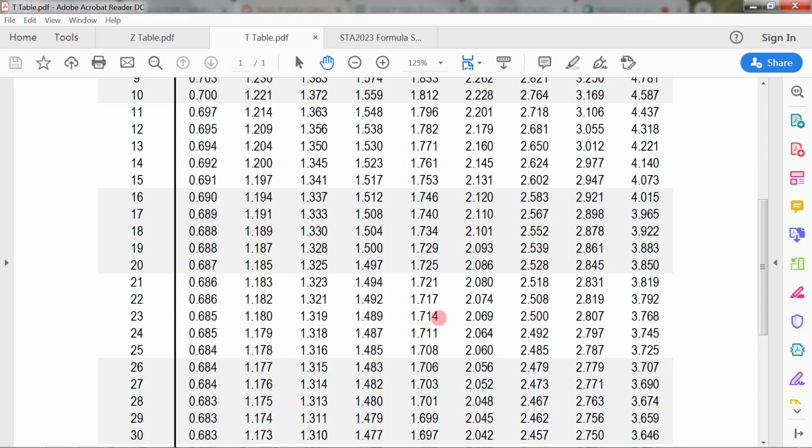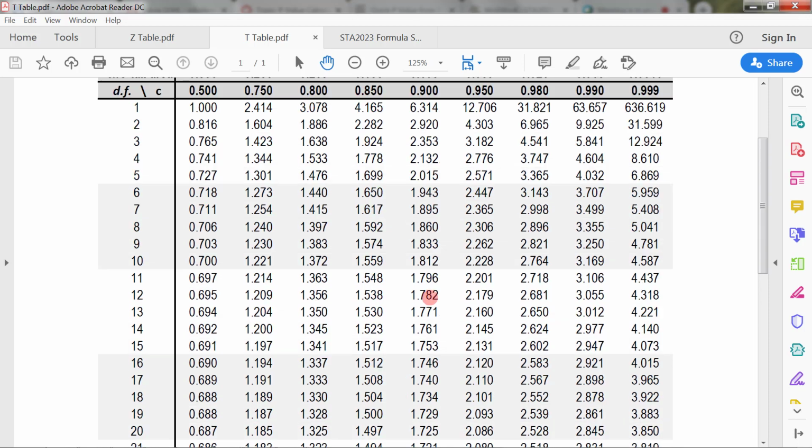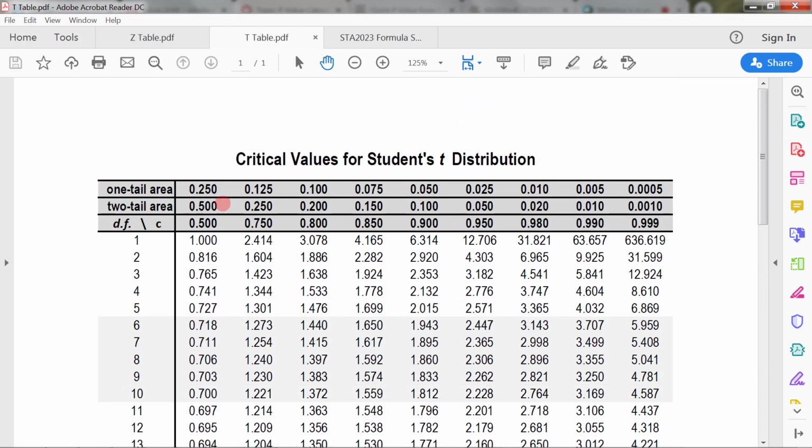So my test statistic is smaller than this one and bigger than this one. So you find an interval that surrounds your test statistic. Once you know that interval, you go up to the top and say, I'm a one-tailed test, and you look at these two alpha values and you know your p-value is between those two values.